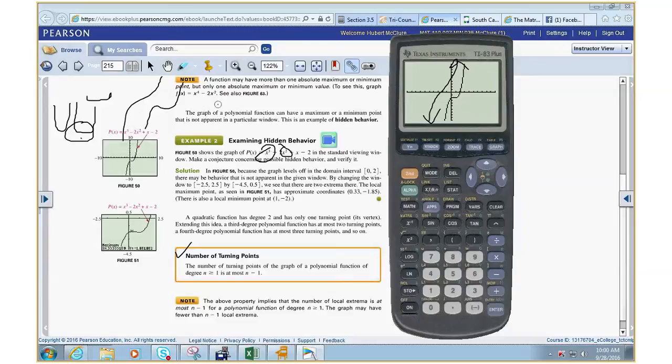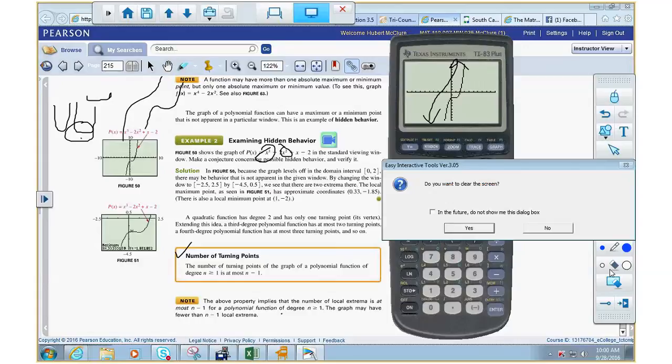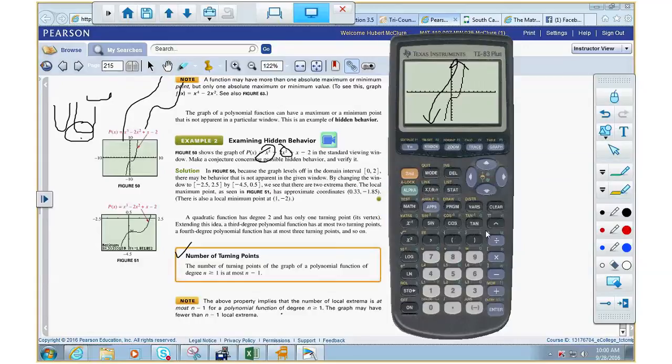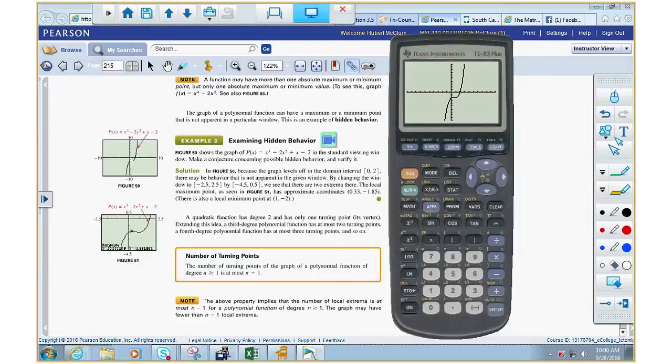No, it had 3 turns in it, so graph. Hold on, let me get rid of all this stuff. So graph y is equal to x to the 4th.